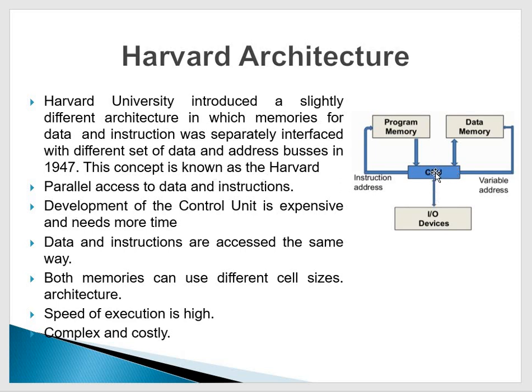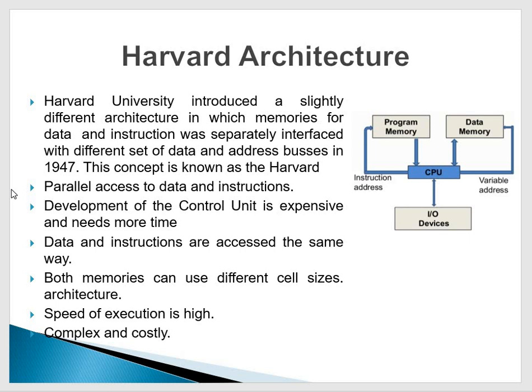So the CPU can access the opcodes or instructions of the program in parallel with the data, because these two different sets are used, one to carry opcodes and the other for the data memory. So this is the first advantage: parallel accessing of data and instructions is possible, which was not possible in the von Neumann architecture.